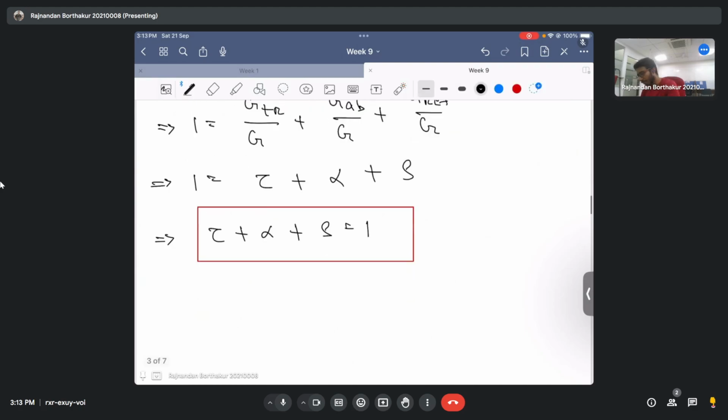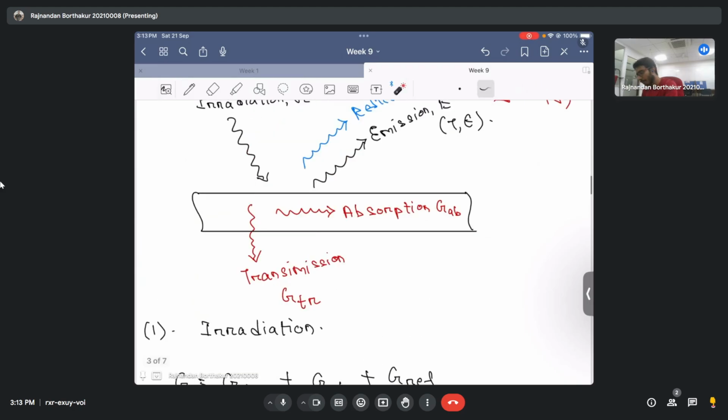Okay. Now, if my surface is opaque, which means this transmission won't happen.